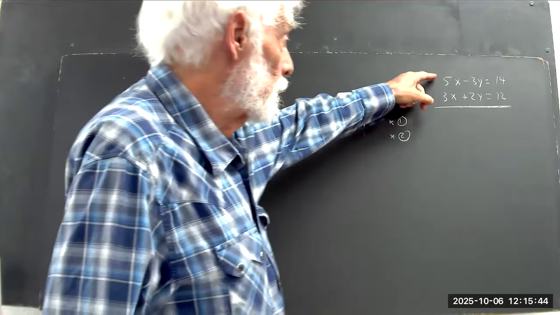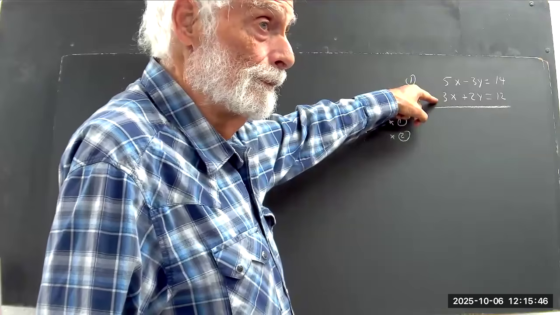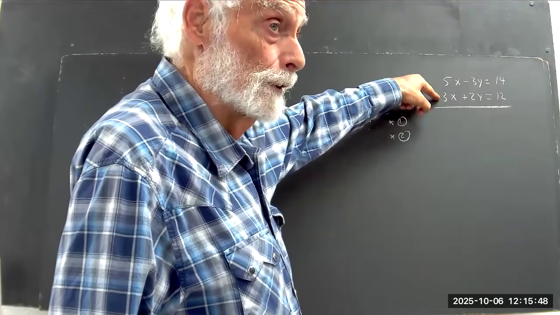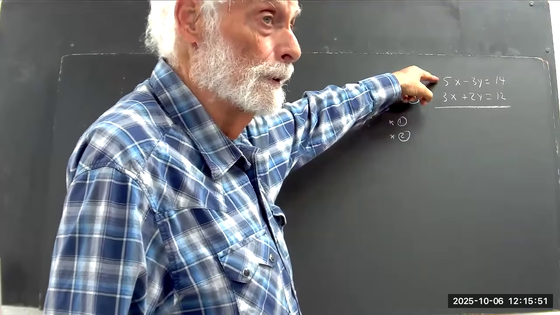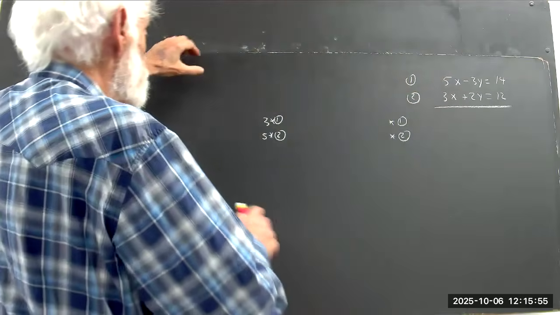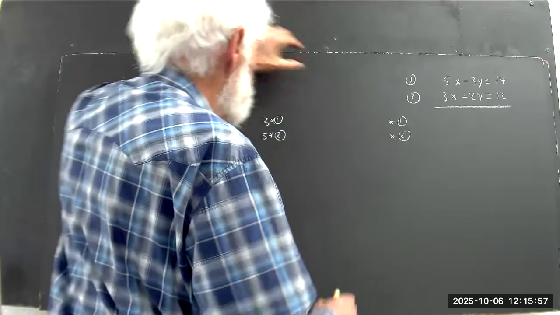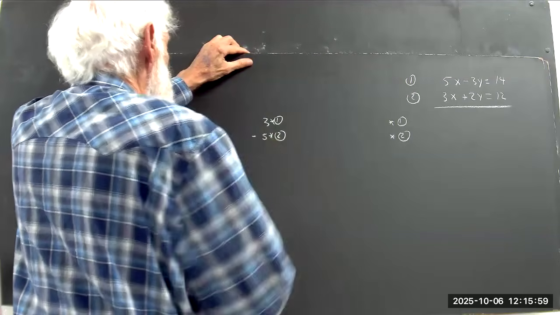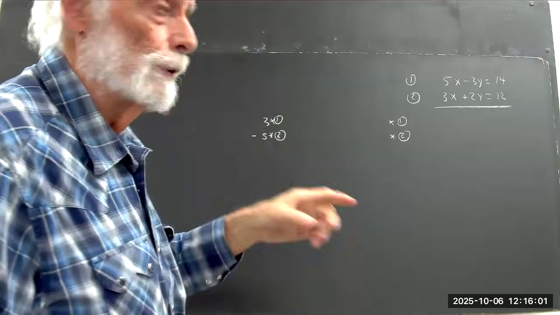In other words, multiply this number by this number, and this number by this number, and then this number by this number. It's always going to work. And then make one of them negative. Since they're both positive, you want to be able to add them. So put the negative on this one. So see what you get.